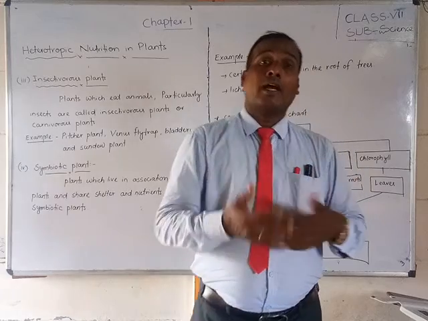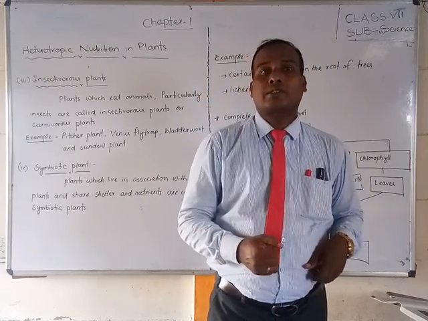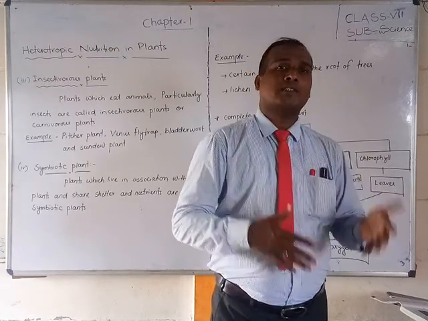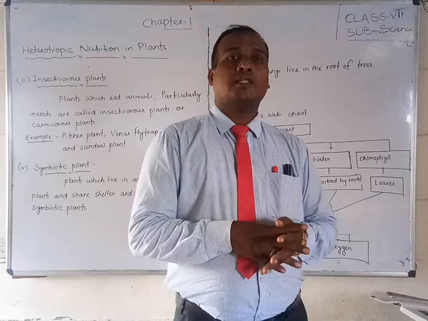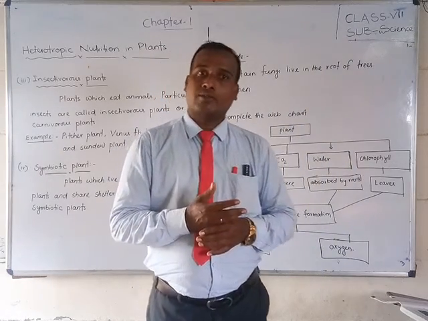So why are these plants eating insects or animals? Because for every animal or plant they need nitrogen. Directly or indirectly they must get water and nitrogen. Plants get it from the soil, but some plants are not capable of getting nitrogen.